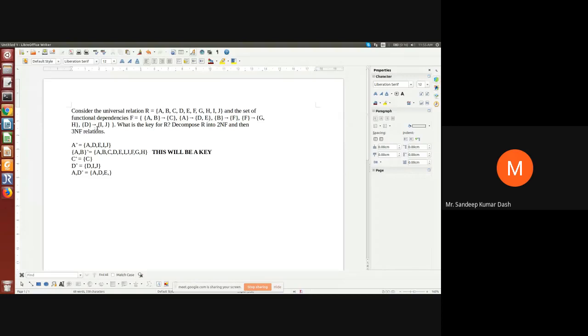D is deriving I and J, so I and J can come in. Then B will not come in anyhow. F will not come in. G and H will not come in. So this is also not a key. So likewise, you have to find all the possible combinations for getting the key.